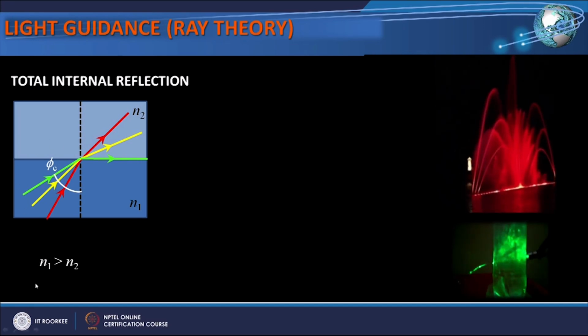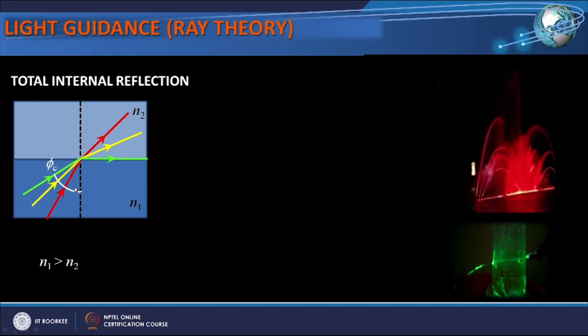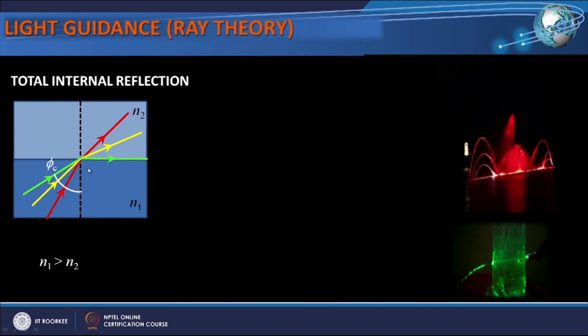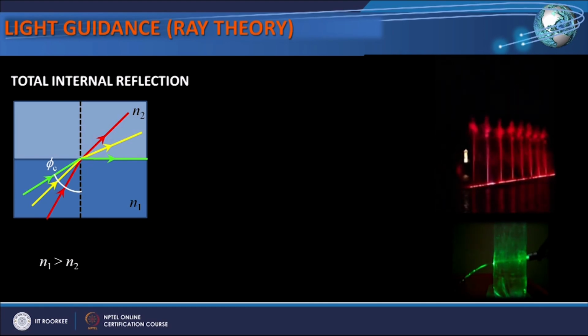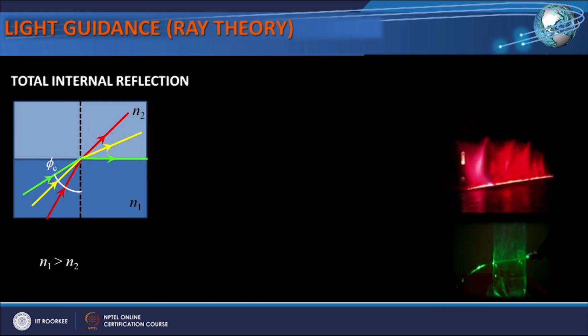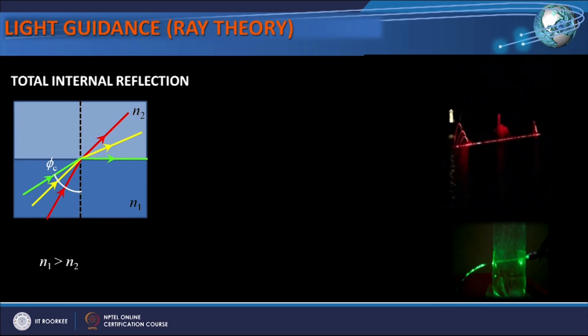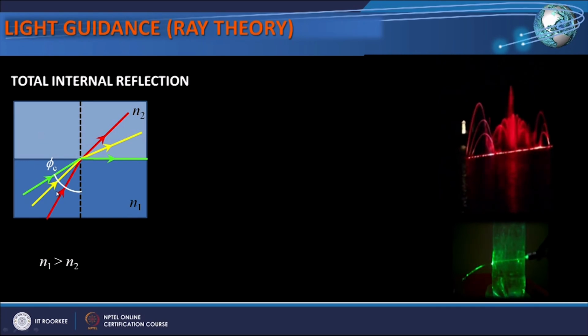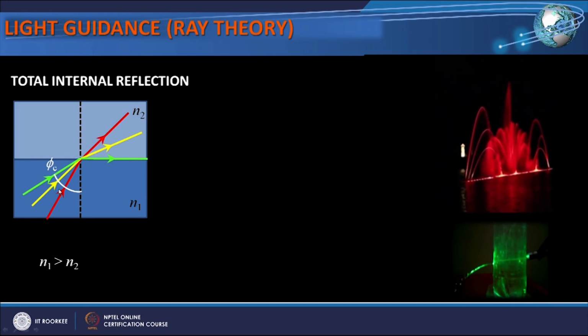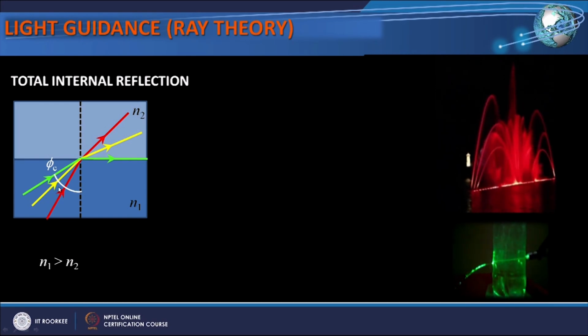Now, when a light ray is incident on the interface of these two media, the light ray gets refracted. If I increase the angle of incidence from the normal, then since it is going from denser to rarer, it moves away from the normal.